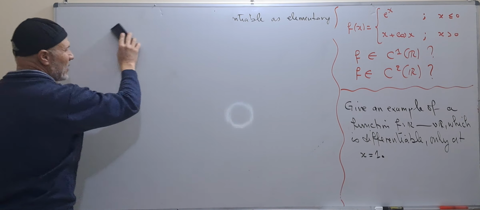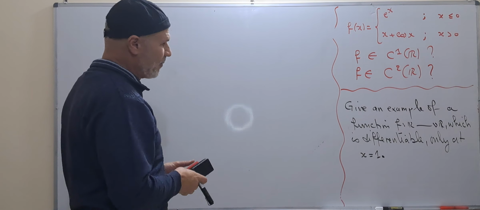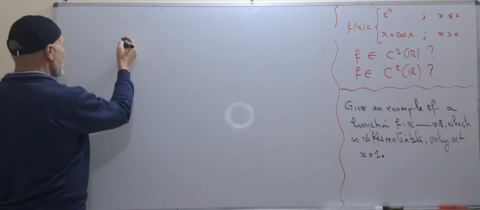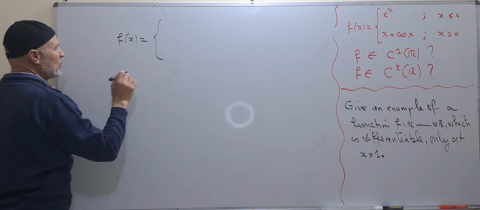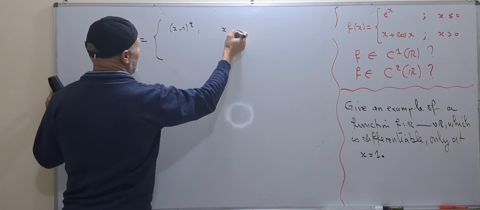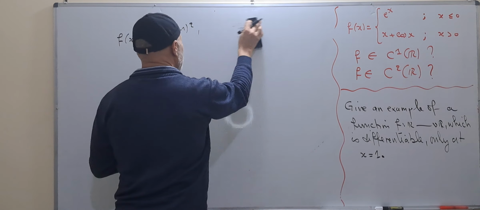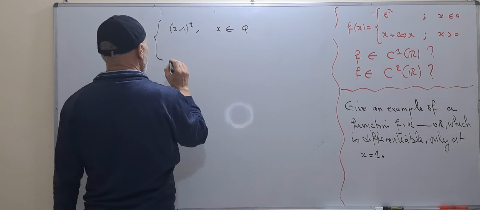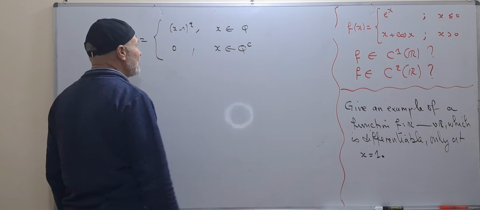The second question: can we give an example of a function f from R into R which is differentiable only at x equal to 1? Actually, yes, we can propose this one. f of x equals x minus 1 squared if x belongs to Q, and equals 0 if x belongs to Q complement.